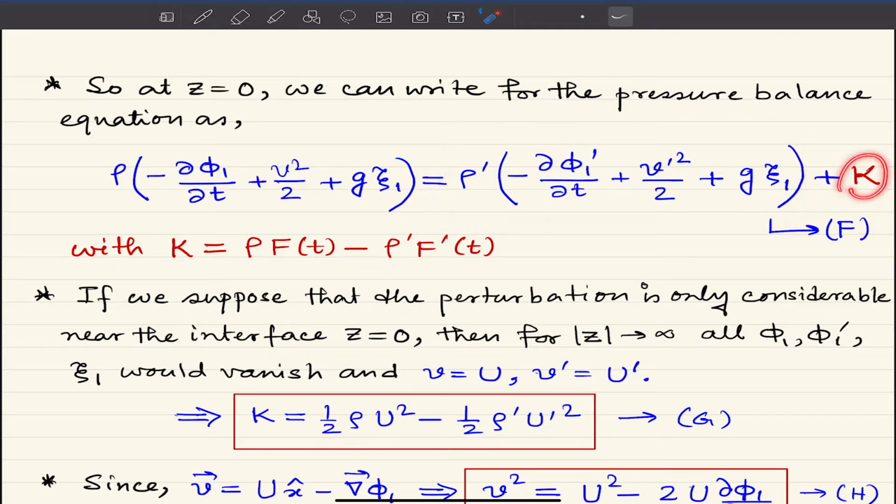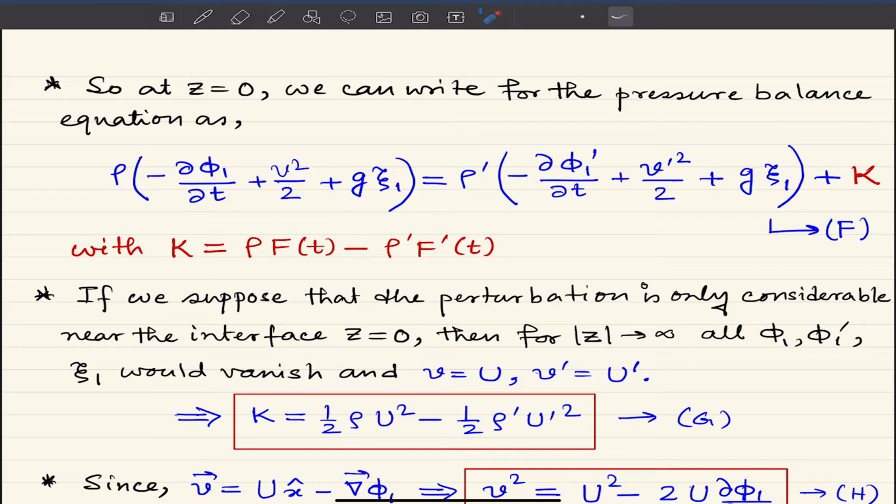plus K, and this capital K contains ρf(t) - ρ'f'(t). These algebraic steps you can do easily; please check that. Now, if we suppose that the perturbation is only considerable near the interface z = 0, then for z tending to infinity, whether plus infinity or minus infinity, all the φ1' and ξ1 would vanish, and then basically what we get is the original or initial steady state.